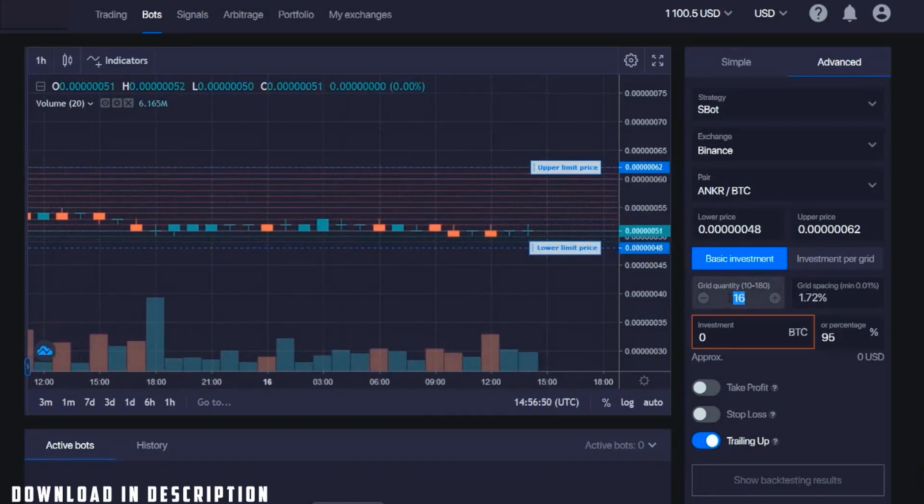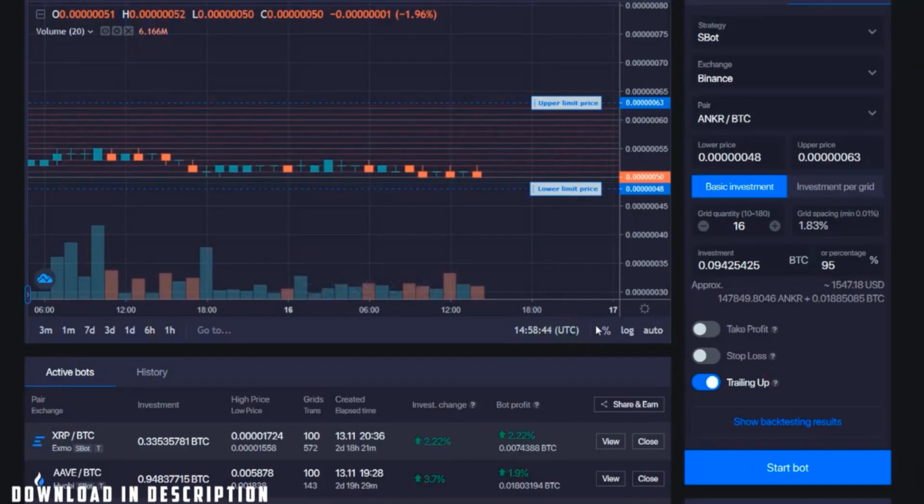So I only need 16 grids on this trading bot to capitalize on every single move here, and again the volume is high enough for all my orders to be filled on each tick up and each tick down. So at this stage we're ready to start the bot. The grids are in place, the buy orders will be from this level here, the sell orders will be up here.